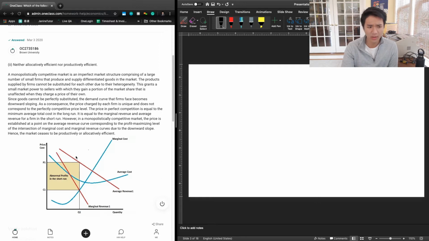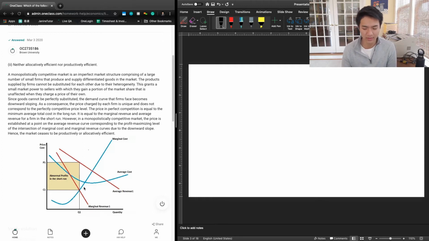The reason that monopolistically competitive firms face this type of curve is because they have a certain level of market power, due to the fact that in monopolistic competition you have small firms that produce slightly differentiated goods rather than homogeneous goods.